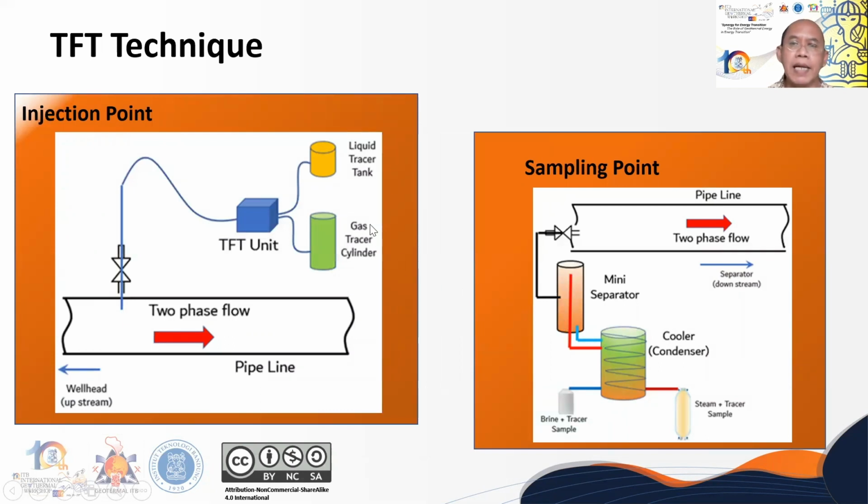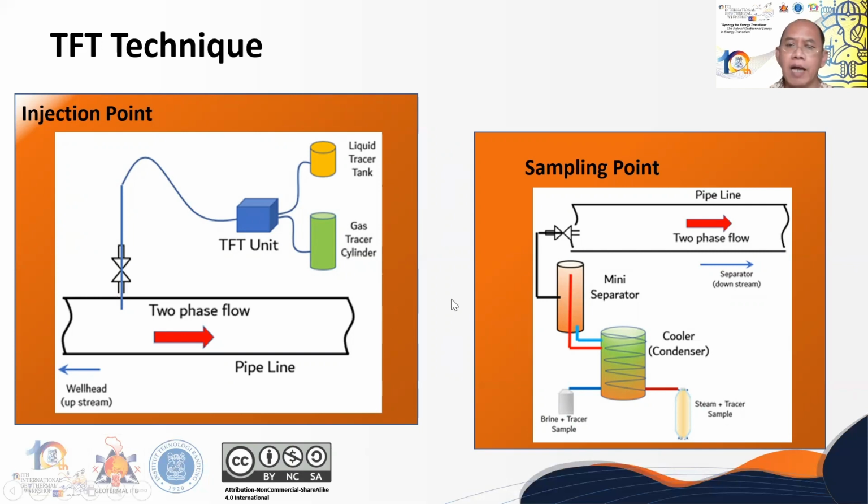How the TFT technique is applied in the field is basically divided into two parts. The first one, on the injection side, we inject liquid tracer along with gas tracer via a TFT unit through an injection port near the wellhead.